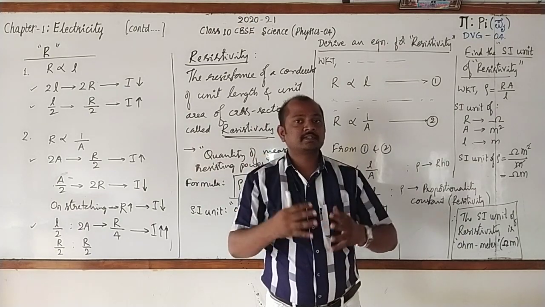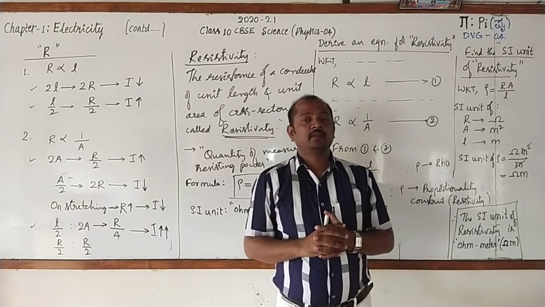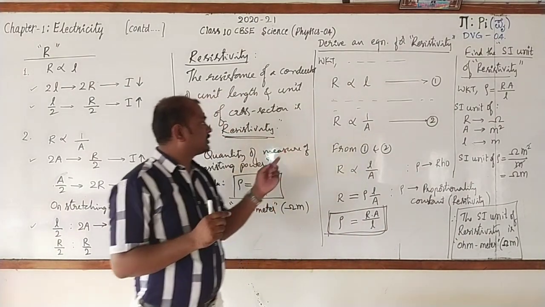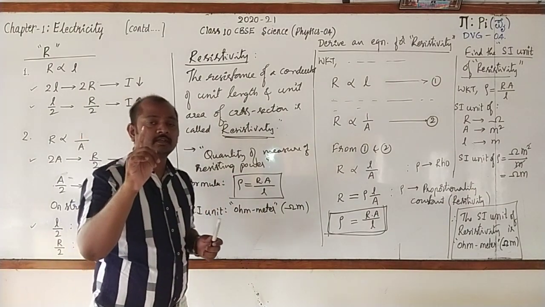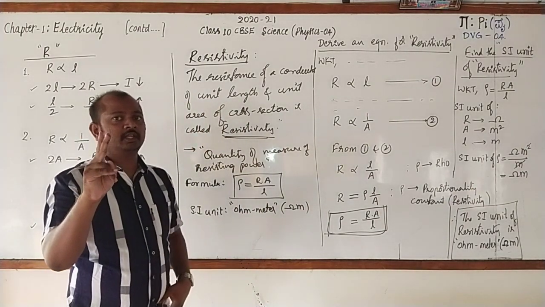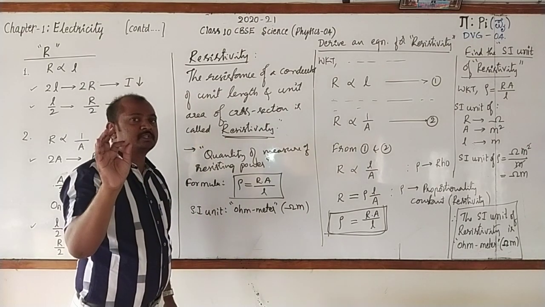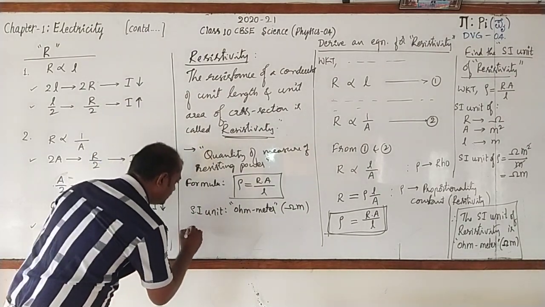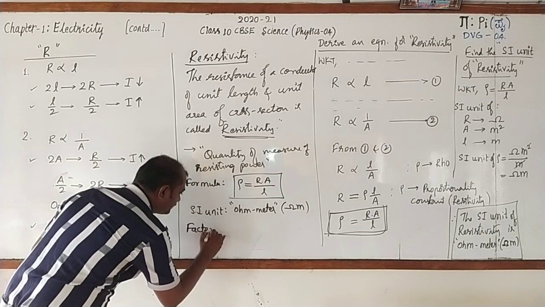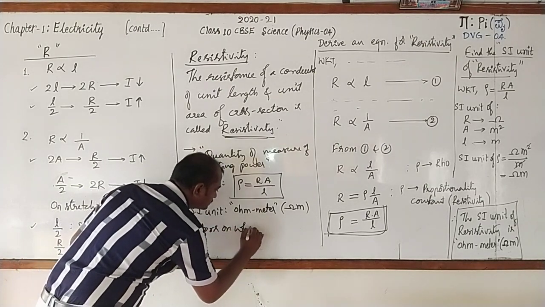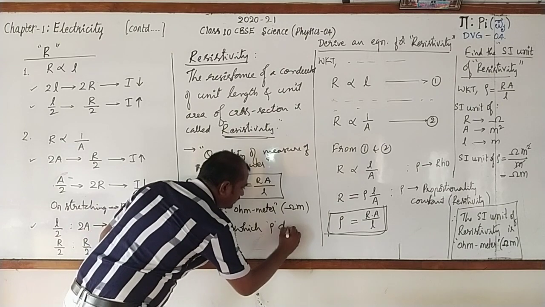No. It depends on the temperature. Hence, another factor on which resistivity depends is temperature. So, these are the two factors on which electric resistivity or specific resistance depends. Here I write the factors on which resistivity depends.